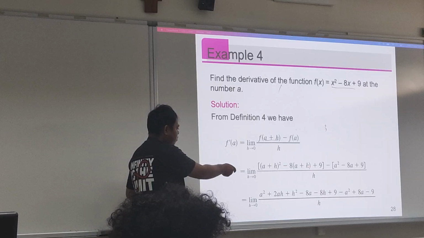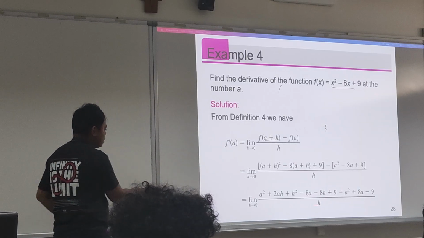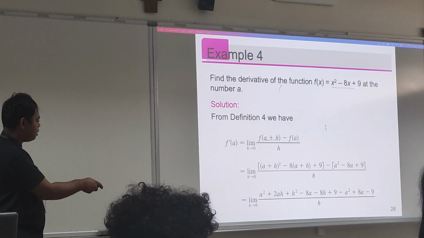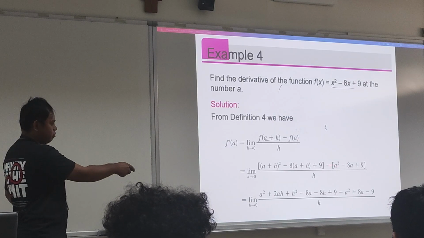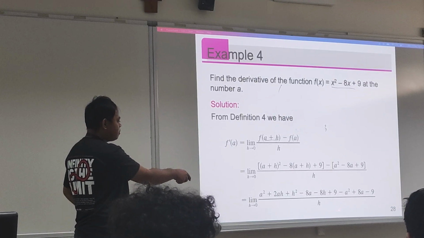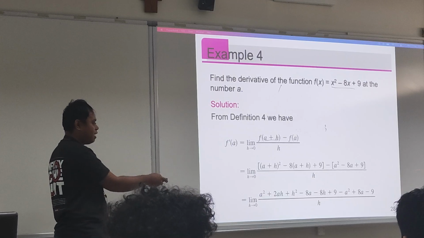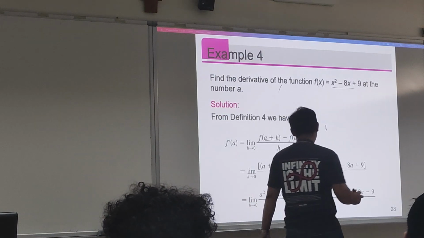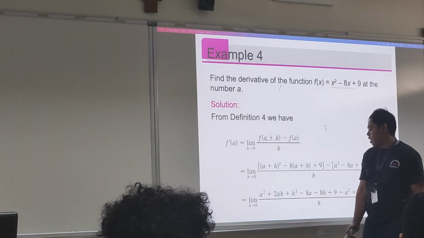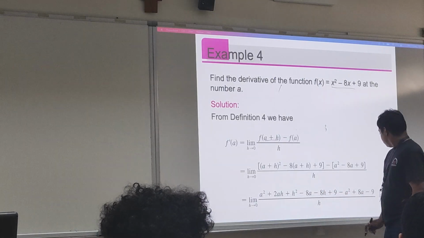Then distribute negative 8 to these terms, so you have negative 8a minus 8h plus the constant 9, and then distribute the negative to the given terms, so negative a squared plus 8a minus 9. And then you have divided by h, so you can now add like terms.